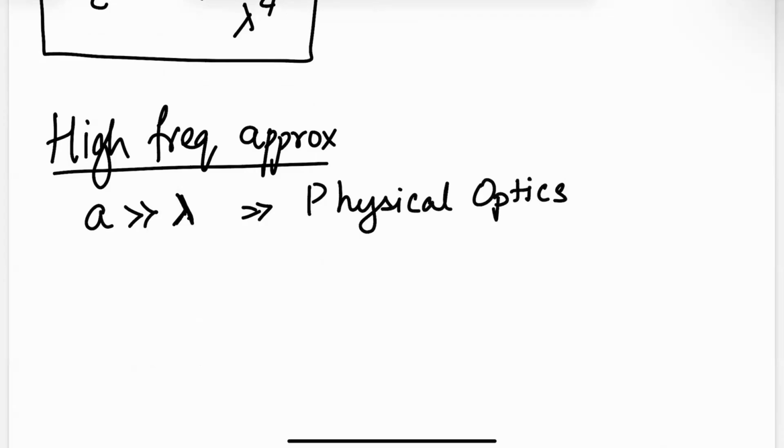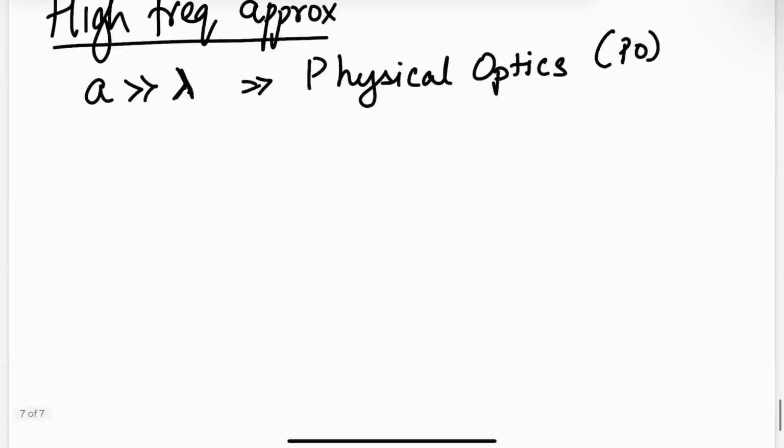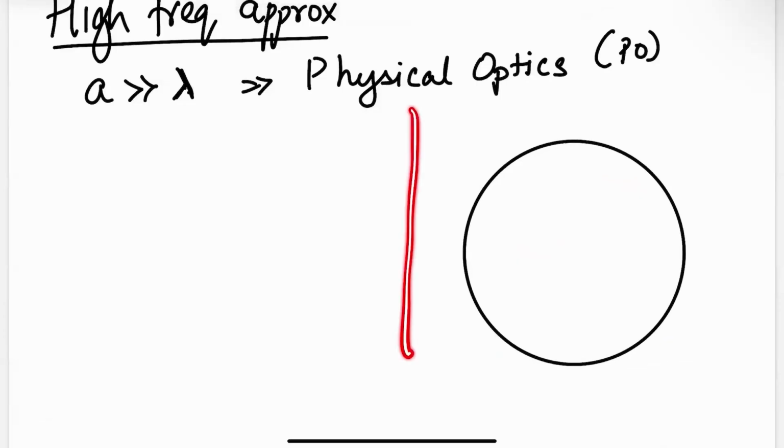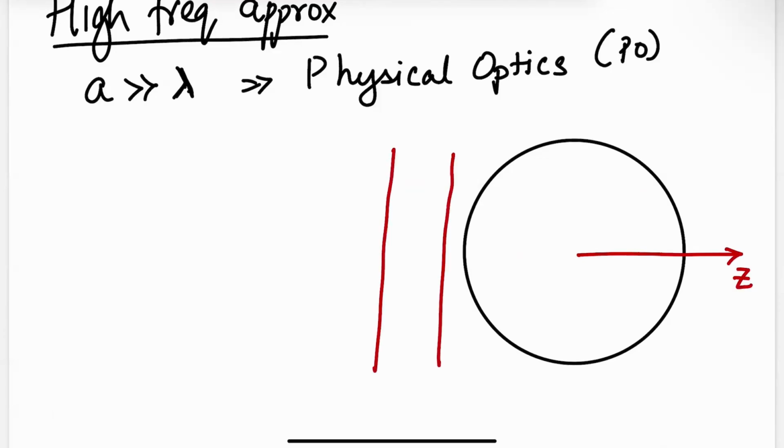We said that if the curvature is much larger than the wavelength, you can use physical optics. Right? So I have my sphere. Basically, my incident field comes in. Let's say this is the positive z direction. It's coming in like that. That's the plane wave. And physical optics says that essentially the plane wave illuminates this left half sphere.